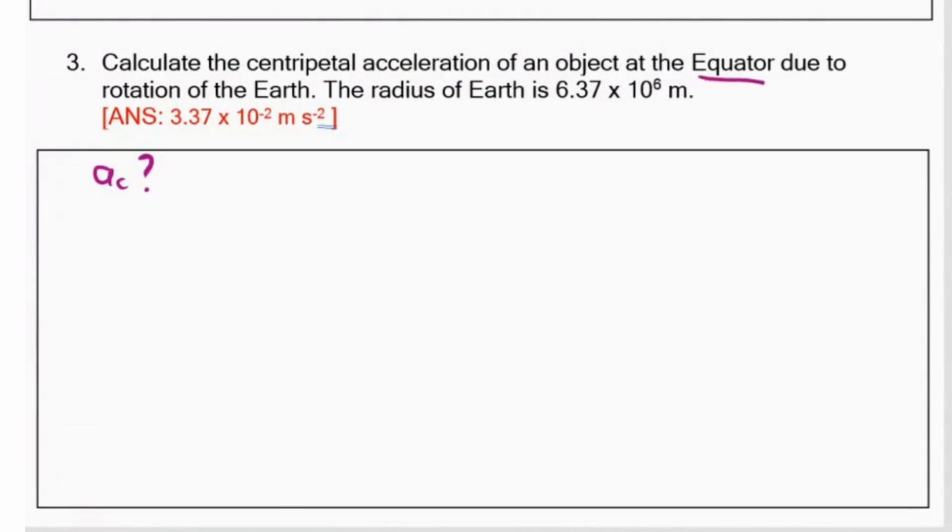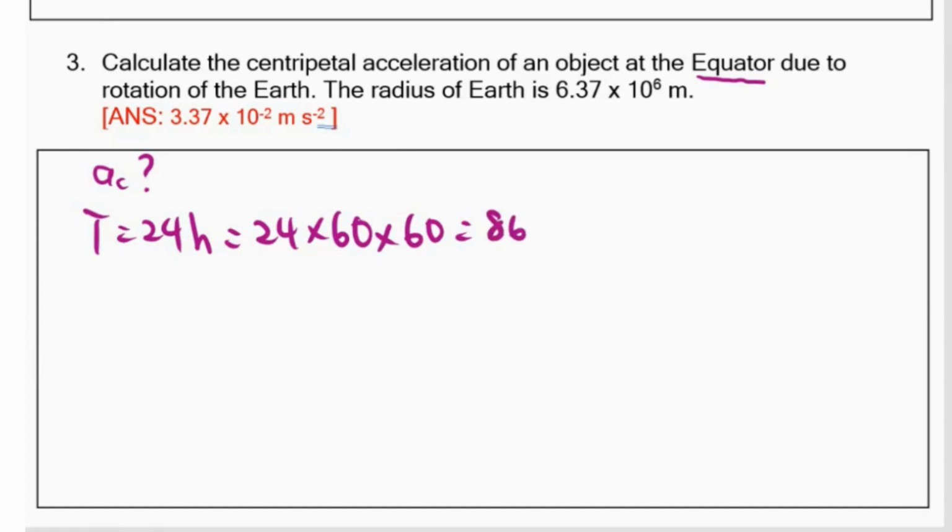So the concept you must know at the equator is the period is equal with 24 hours. So 24 hours is equal with 24 times 60 minutes times 60 seconds, which is 86,400 seconds.